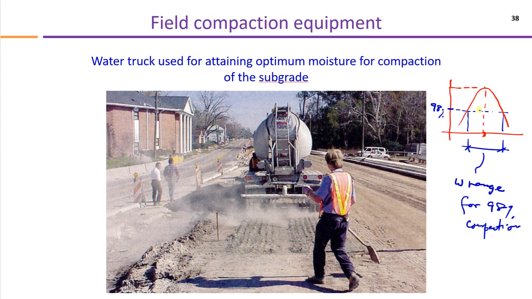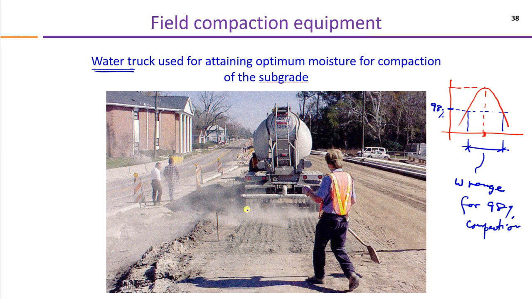So you know what the water content range is. How are we going to maintain that water content range? When we are filling this area and compacting this soil layer, we are going to use water tanks or water trucks, and these trucks are going to sprinkle water to attain the optimum water content.